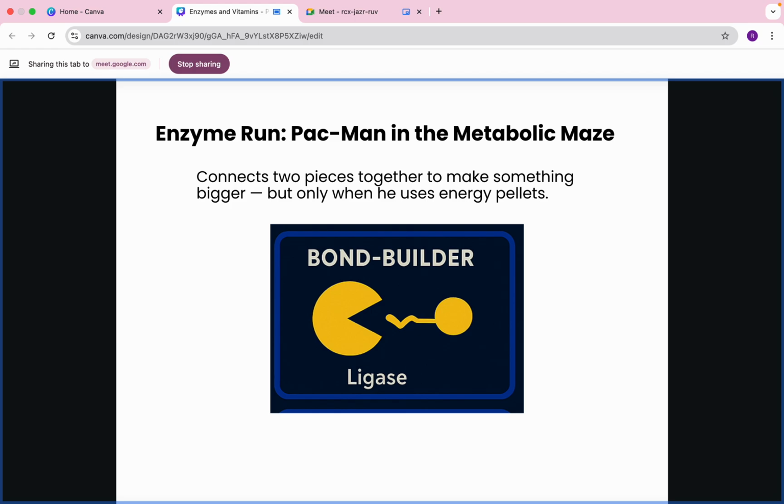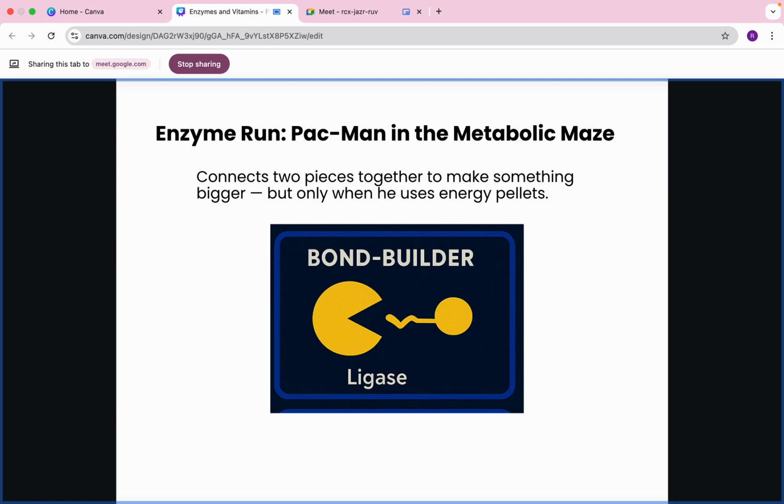So it doesn't change what's there. I mean, it actually joins the two molecules. So it's like a molecular builder. It joins two molecules like gluing two puzzle pieces to make a bigger shape.